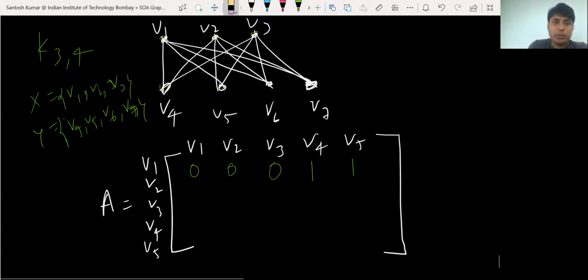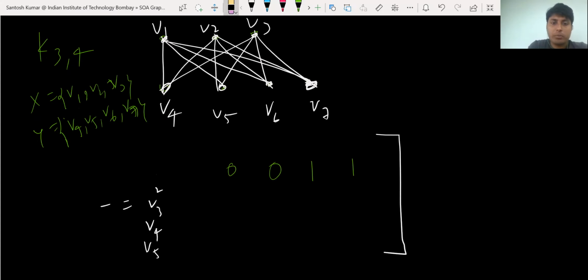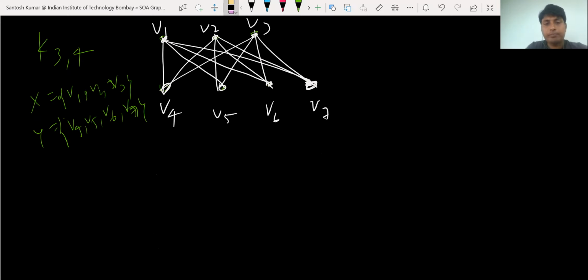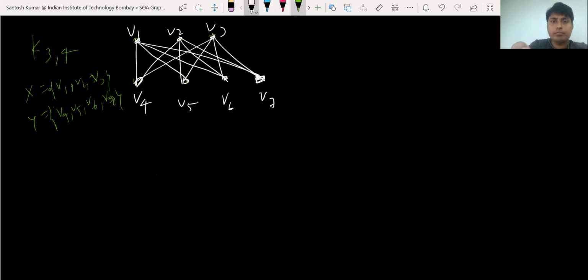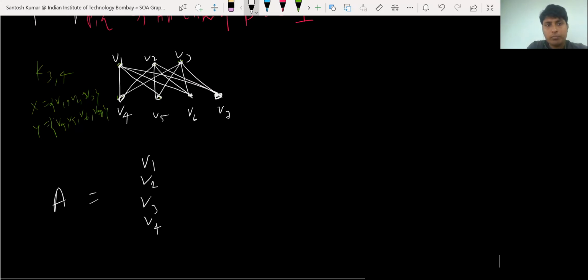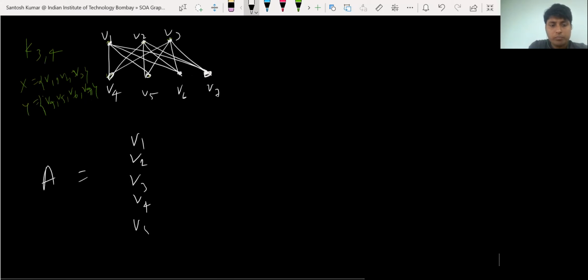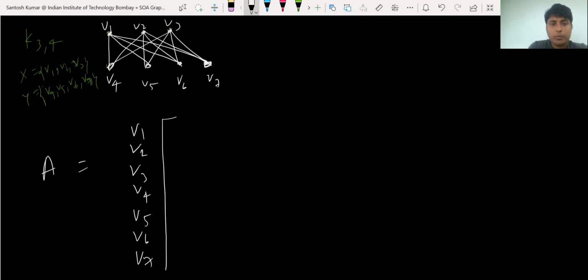Oh, sorry, there are 7 vertices, so I have to make a matrix of 7 cross 7, not 5 cross 5. So in this manner, I have to draw V1, V2, V3, V4, V5, V6, V7.